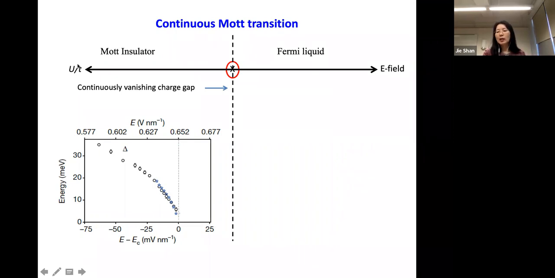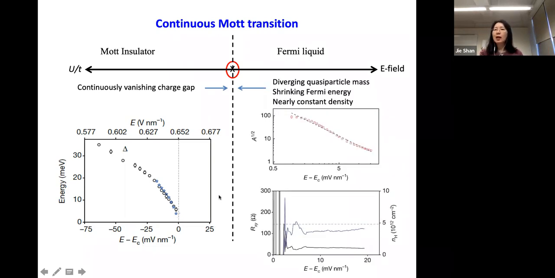On the insulating side, from the activation energy, we can extract the charge gap. The gap size decreases when we approach this transition. You can see that the charge gap drops from somewhere around 30 meV to very close to 0. That's on the insulating side. On the metallic side, I told you it goes like T squared, and the coefficient is actually inversely proportional to the mass in Fermi liquid theory.